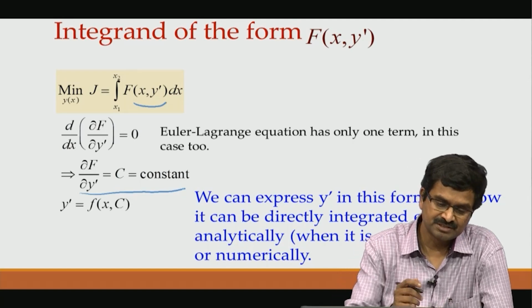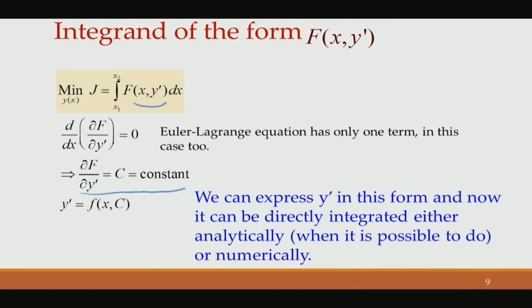Okay. So, since f depends on x and y prime, ∂f/∂y' will still depend on y prime, then you simply say that y prime equals some constant. Okay. If the dependence on x is not there, it will be constant, otherwise it depends on x and some constant c. You can hope to solve it because you have y, you can integrate it. On the right hand side there is no y prime, there is only x, then you can integrate and get the solution. So, this is one of the ways of doing it.